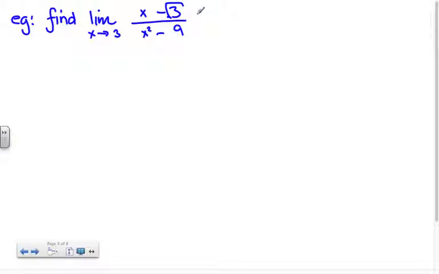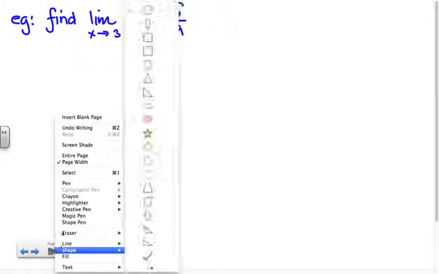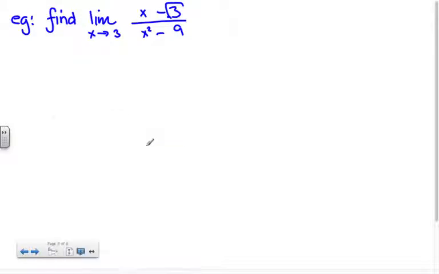Looks painful, doesn't it? Now, if I plug in 3 into this problem, 3 squared is 9, which makes the denominator 0.